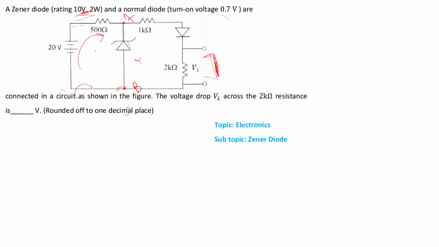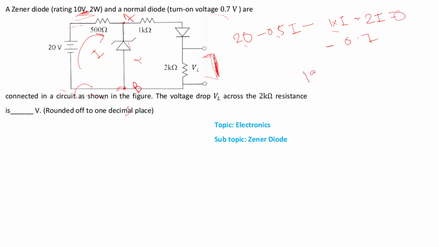Kirchhoff's law. If I is the current over here, we can directly write 20 minus 0.5 I minus 1 into I minus 2 into I equal to, and for the diode it will be 0.7, right? So equal to 0.